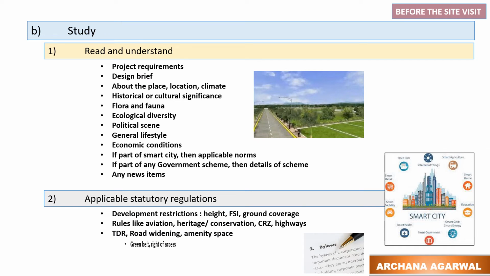Knowledge of other aspects like TDR, road widening, provision of amenity space, green belt, etc. also educates the architect on the additional restrictions to be catered to in the design.